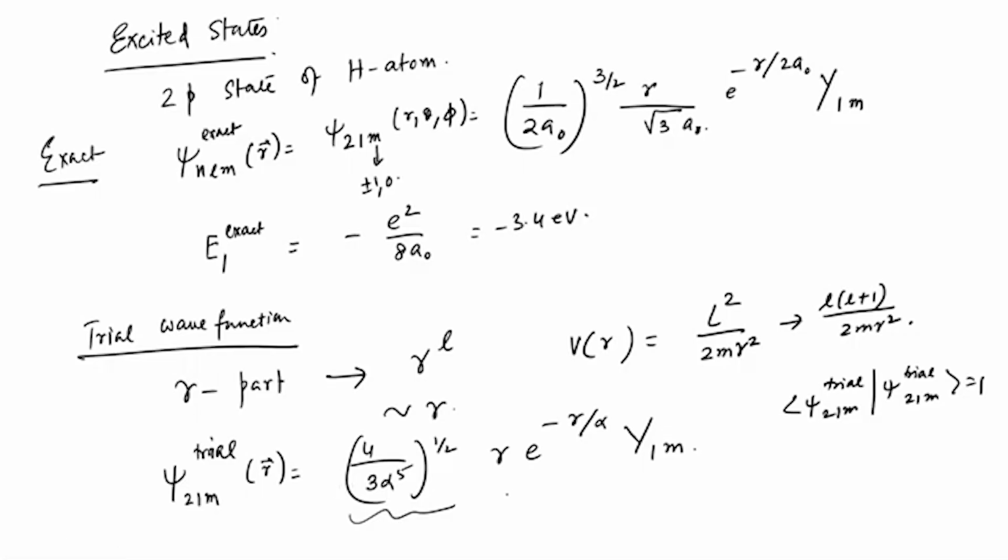So, this is equal to 1, and then this coefficient will come out, and now we have this important part of the wave function which looks like this. If we go ahead and calculate again the expectation value of the kinetic energy term, you have h square over 2m. Now, you need an additional term in this r part of the kinetic energy, which is coming from the potential terms.